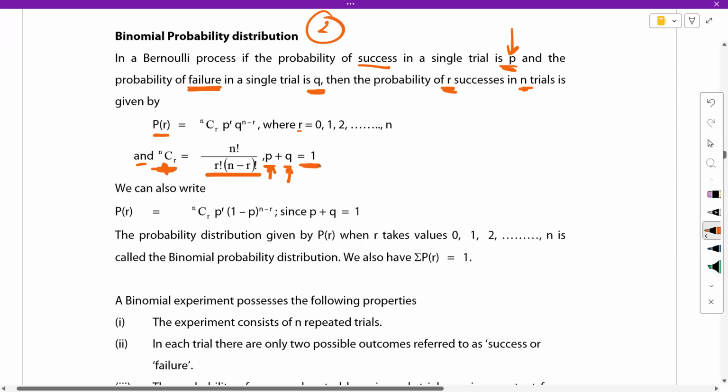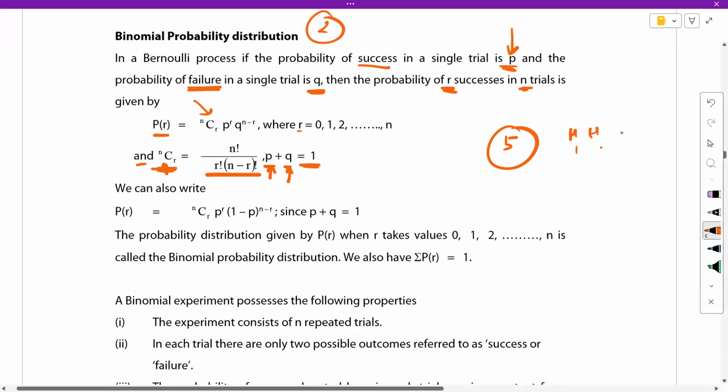You have to remember this. For example, to explain this formula, you have a coin. Say the coin is tossed 5 times. Then how many times can you get head?